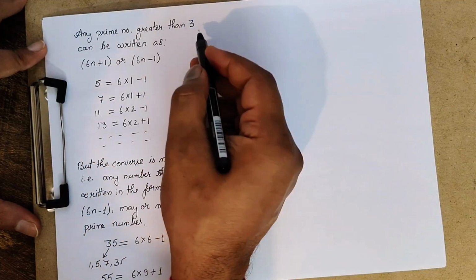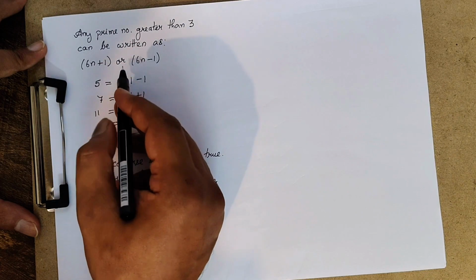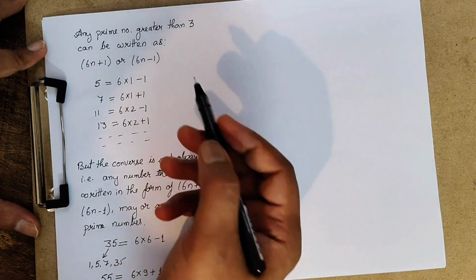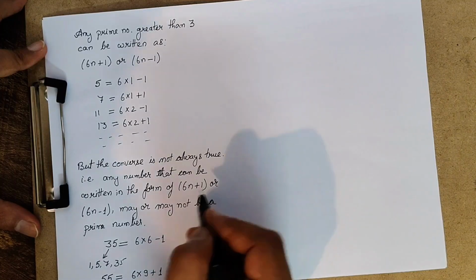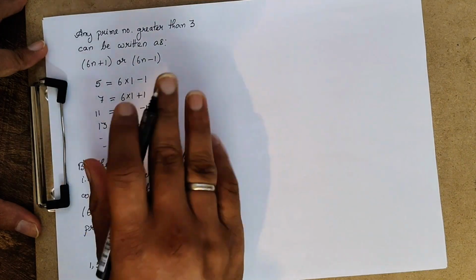So any prime number greater than 3 can be written as 6n plus 1 or 6n minus 1, but any number that can be written as 6n plus 1 or 6n minus 1 may not be prime.